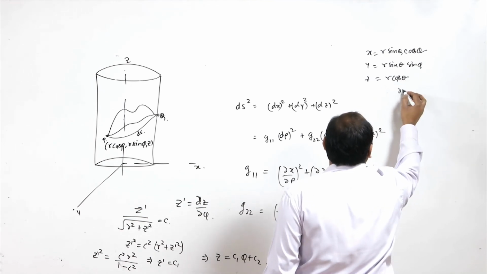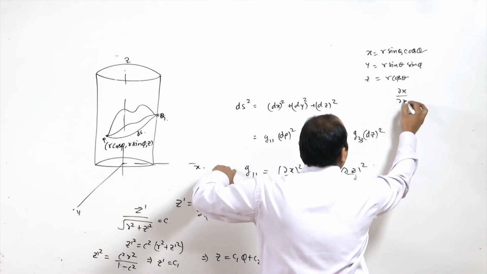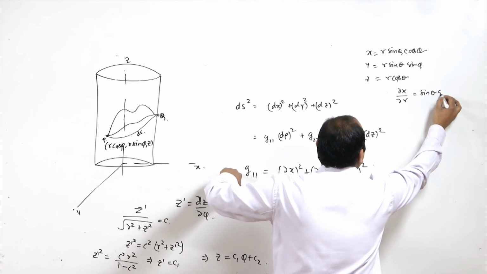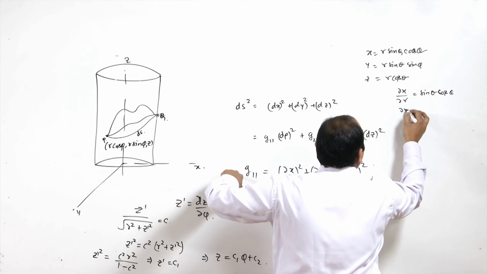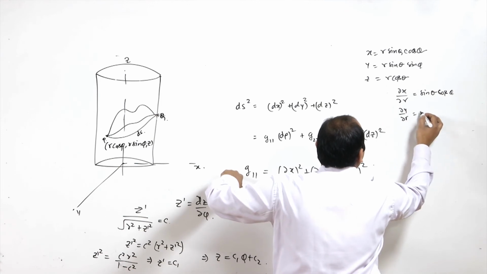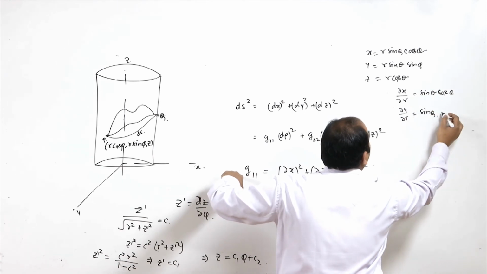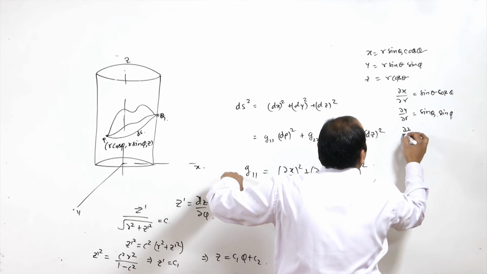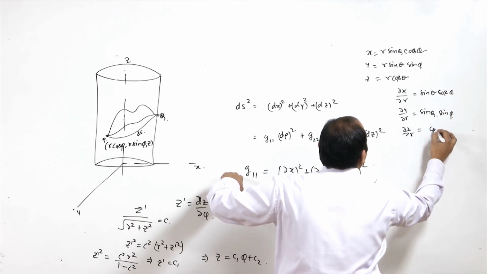So here you can find out g11. g11 involves del x by del r, that is sin theta cos phi, and del y by del r is equal to sin theta sin phi, and del z by del r is basically your cos theta.